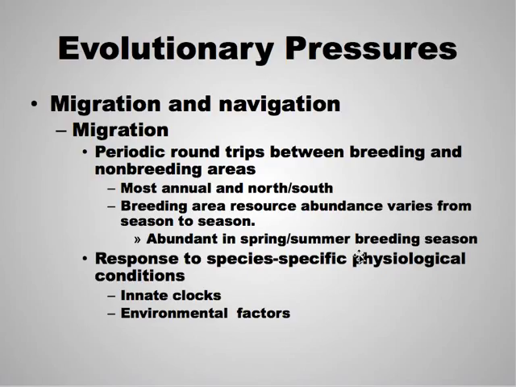Some species only migrate if they have to. So in other words, great blue herons are an example. Great blue herons only leave this area if the waterways freeze up and they can't access fish. If it doesn't freeze, they don't leave. Or they wait until it freezes to leave.